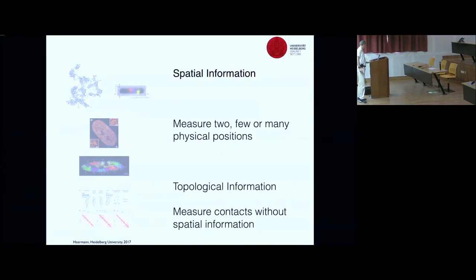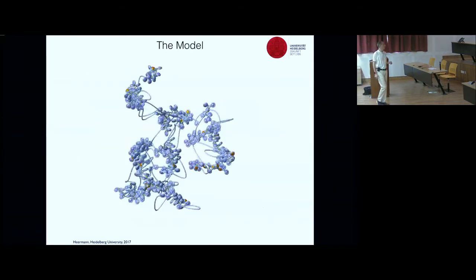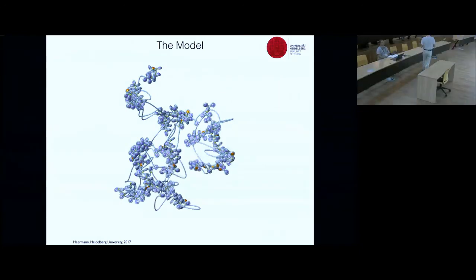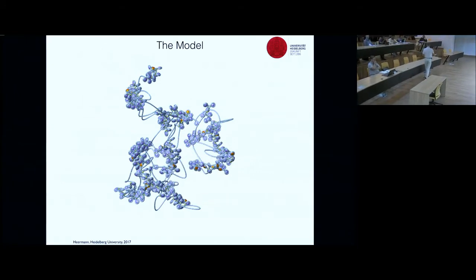But the message we got from the topological information, and actually we had an idea beforehand how things are organized, is that chromosomes are not just linear objects, but rather there seem to be long-range contacts and also short-range contacts, so there must be some kind of a loop structure in there.